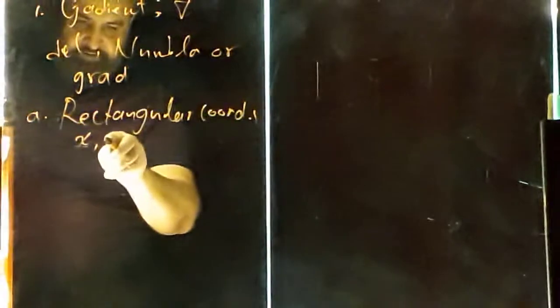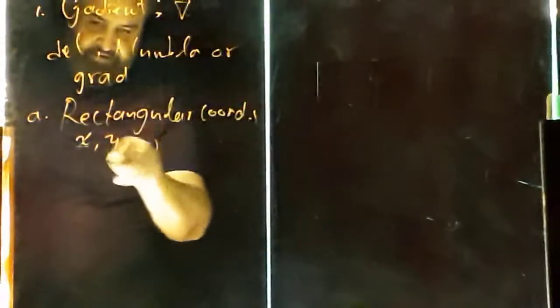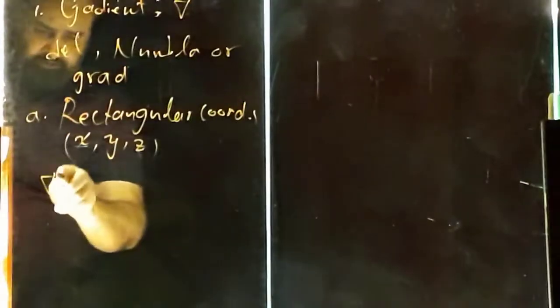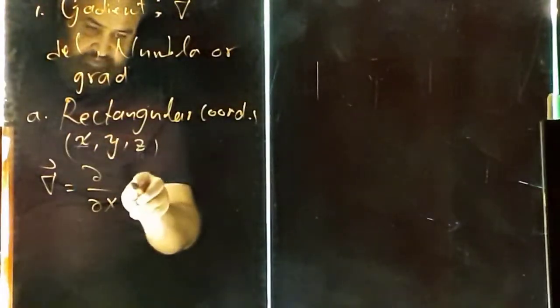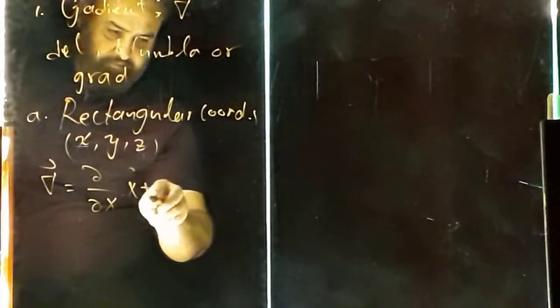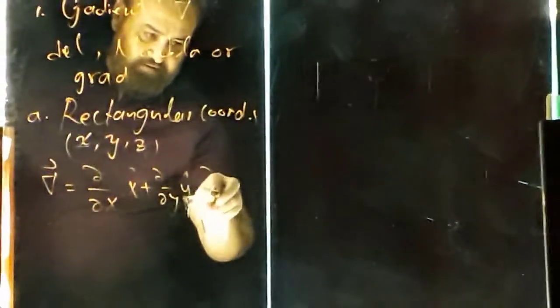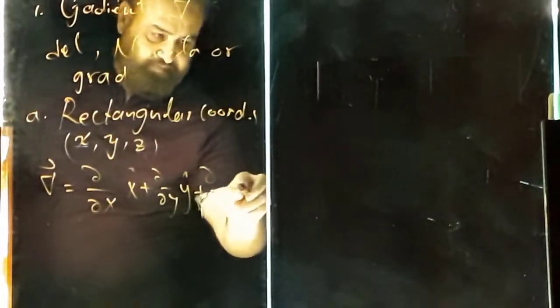Which is x, y, and z. Del equals partial x, x hat, plus partial y, y hat, plus partial z, z hat.